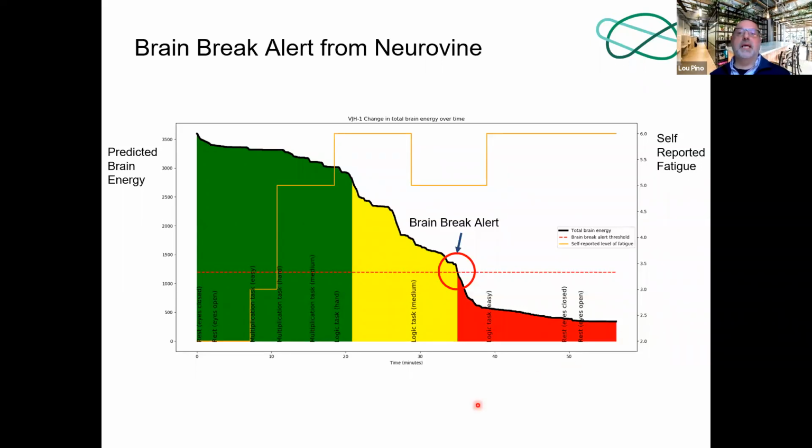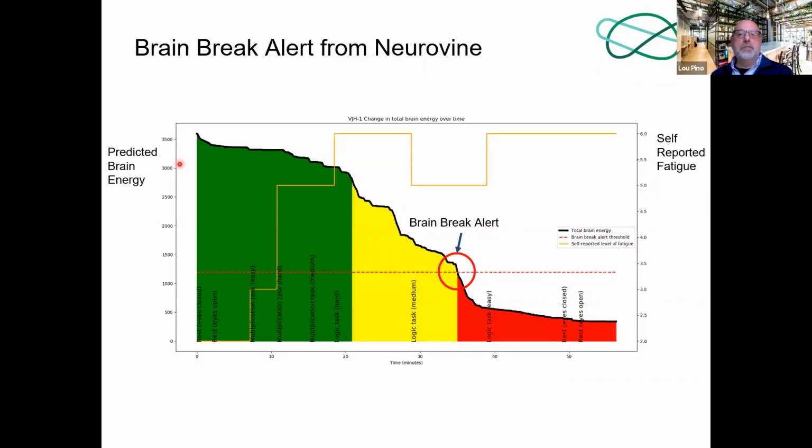And this is the brain energy graph. It shows how brain energy depletes as the user increases their mental workload. A metaphor for brain energy is like the amount of energy in a battery. As current is drawn from the battery, it reduces its total energy, like when one uses mental effort in thinking. So as brain energy depletes, it goes from green, meaning high brain energy, to yellow, meaning moderate, to red, meaning stop and take a rest.